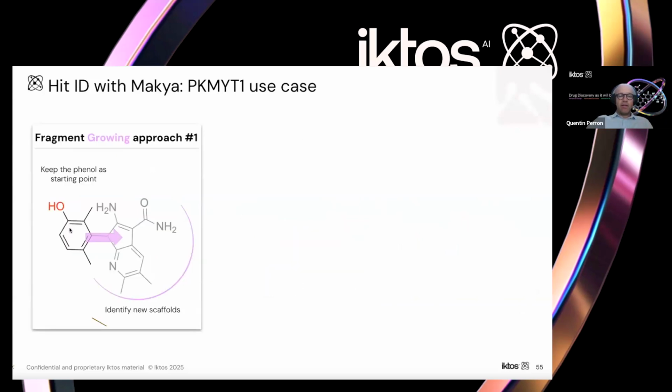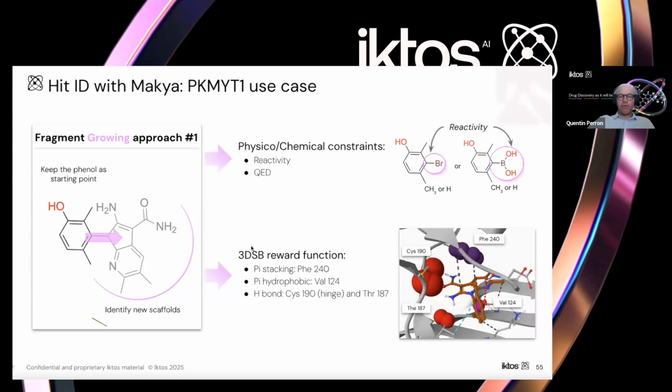So for that, it is very simple. You just put your PDB file into Makya, and then we wanted to start from this phenol, which is our starting point, which sits in the back pocket of the target. And we asked Makya to generate something different in this part of the space.